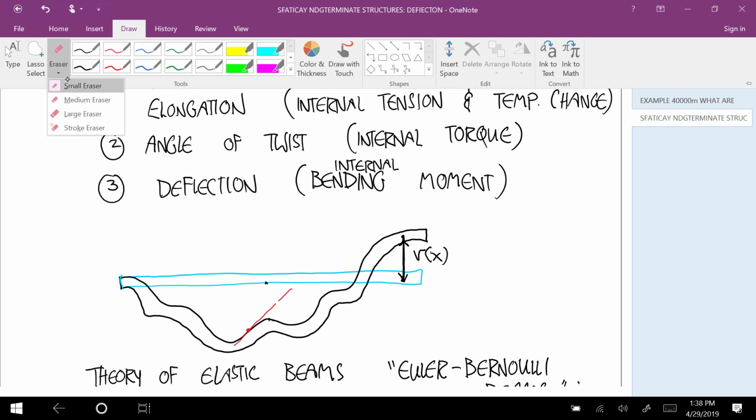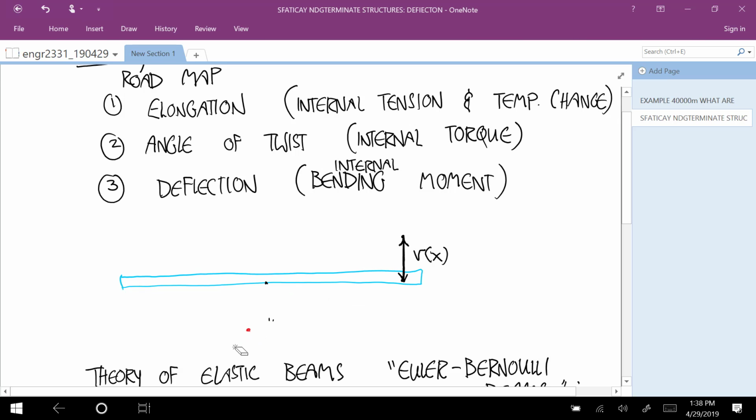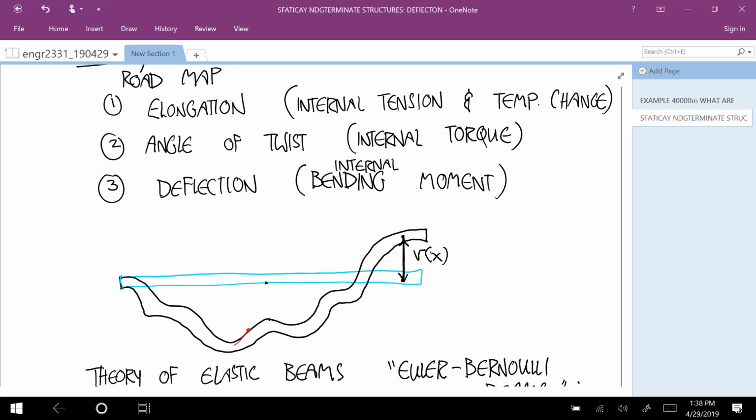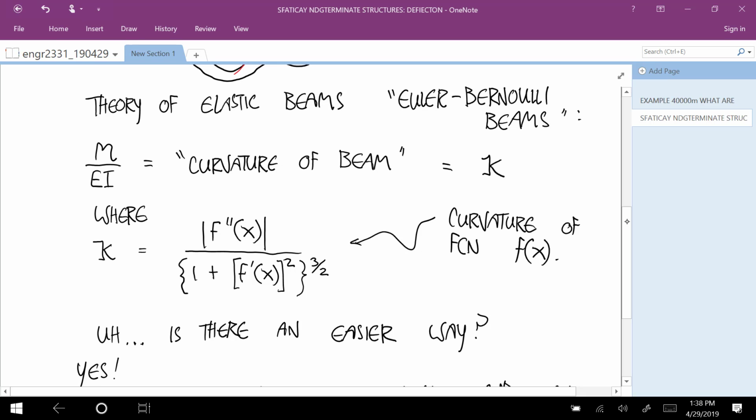I don't know any rules like that, but it's something you have to consider, because this expression for curvature says if you get significant differences from horizontal, this denominator changes, and just f double prime is not a good approximation anymore.